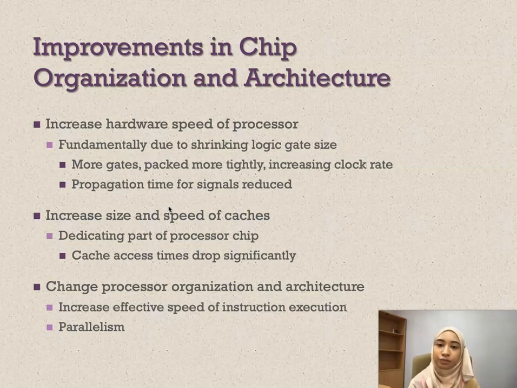So to do the improvement in chip organization and architecture, you would have to increase the hardware speed of the processor. You have to increase the size and speed of the cache. You would also have to change the processor organization and architecture. This is the job of a processor designer. You would introduce parallelism to handle the data, increase the effective speed of instruction execution, and teach them how to execute effectively.